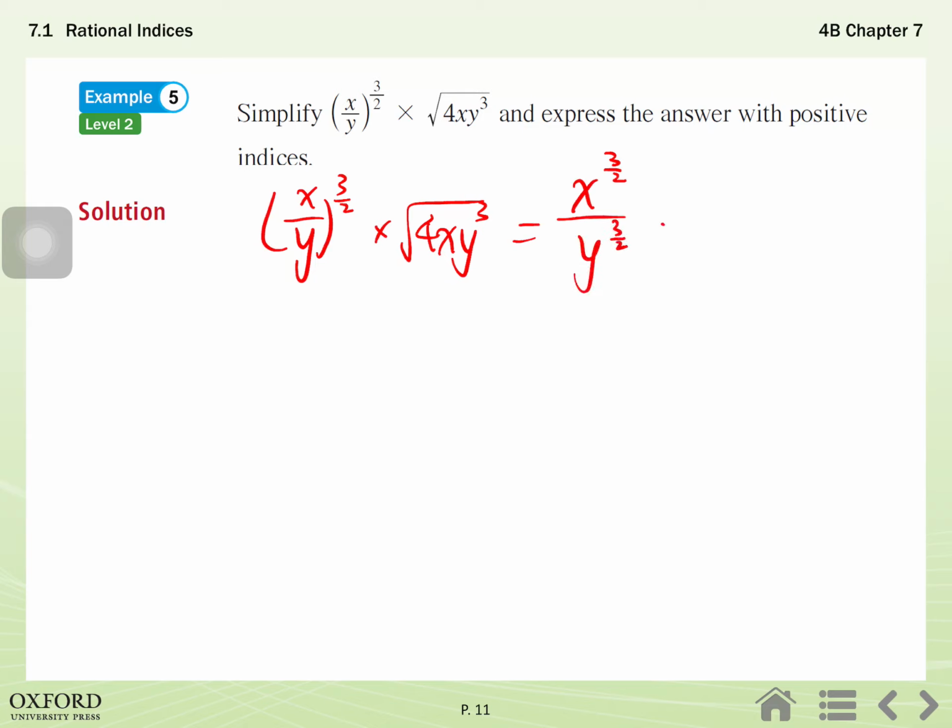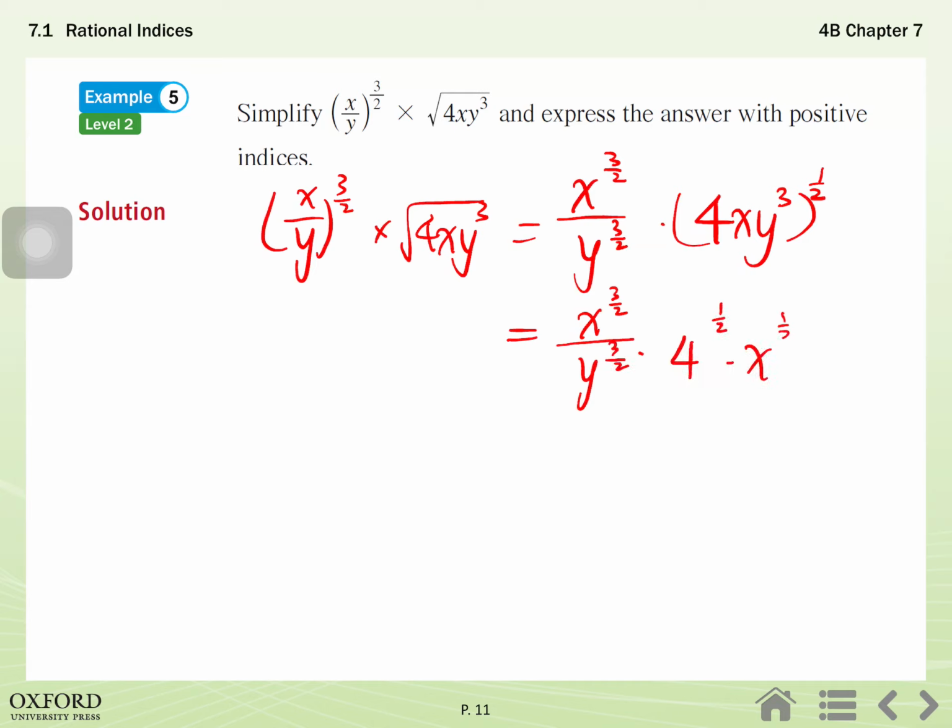Okay, the square root is actually to power 1/2, and then once again I move it slowly. So the 1/2 is for everyone.